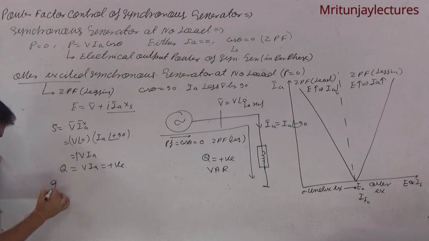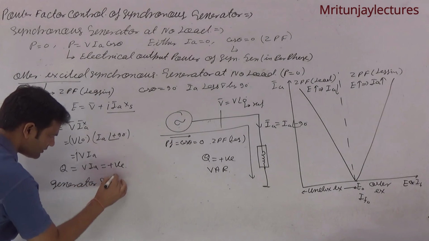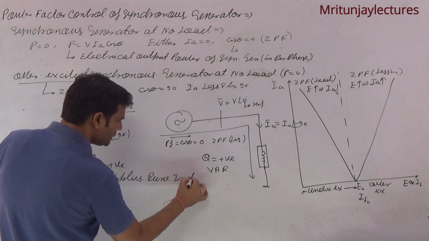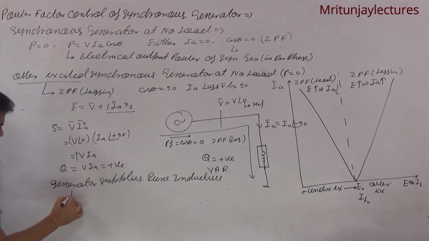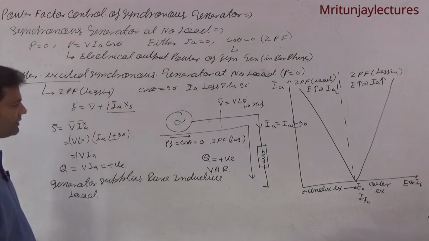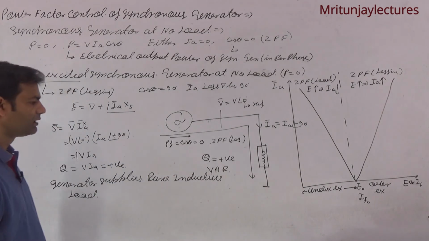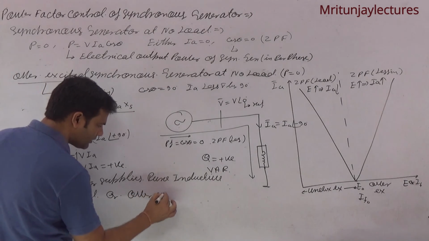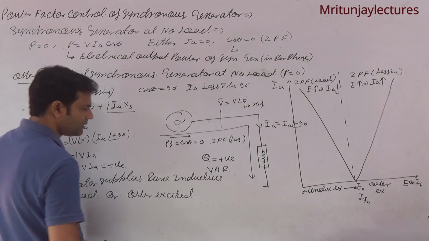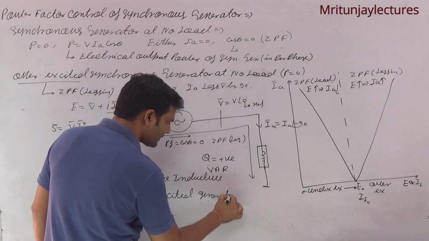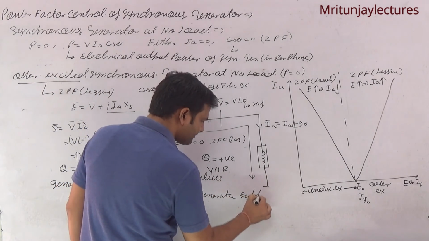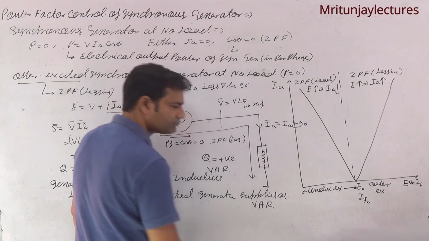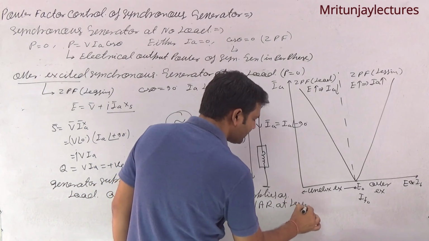Generator supplies like this one, a pure inductive load, or you can say in another way, an overexcited generator supplies VAR at lagging power factor.